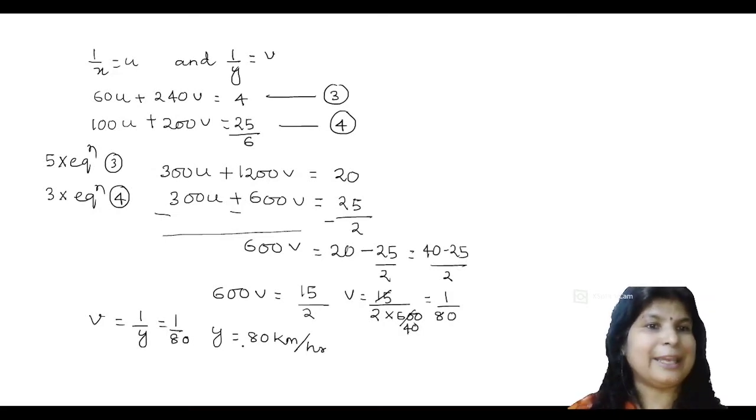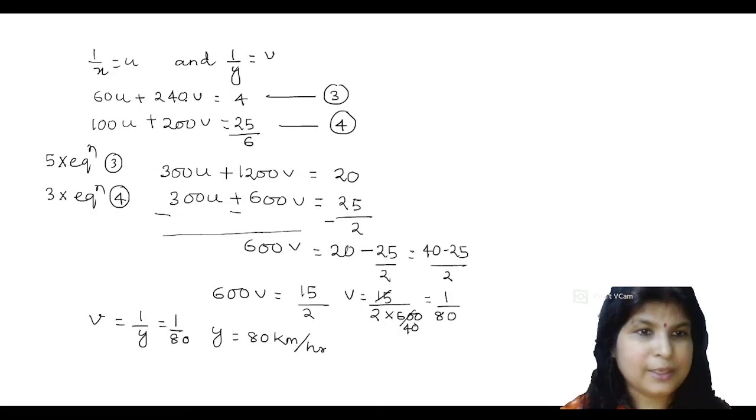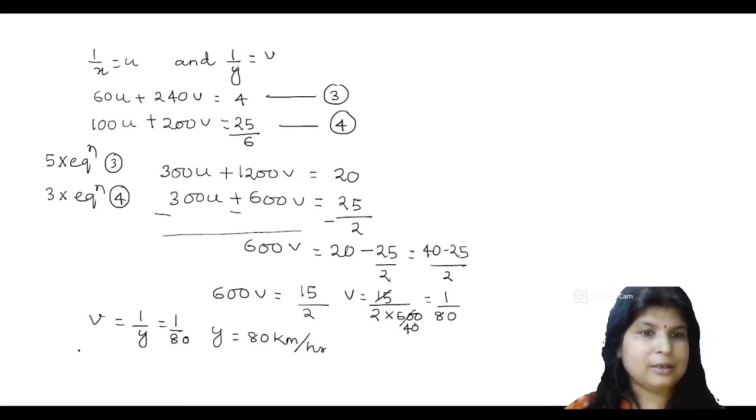So what will be your x value then? You can substitute this value of v in any of the equation. So I'll put it in the equation 3, and we will get the u value, that is 60 into u is equal to 4 minus 240 into 1 divided by 80.